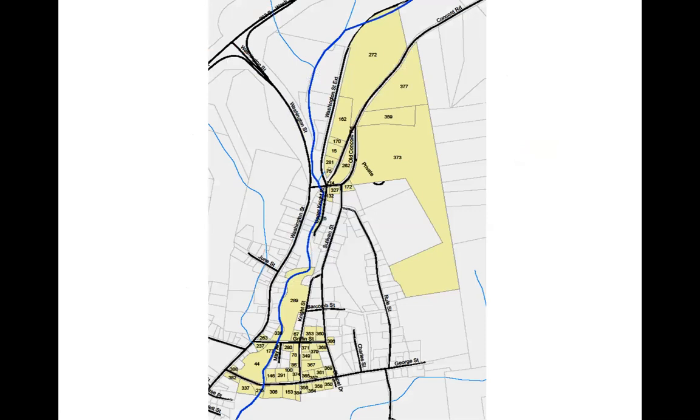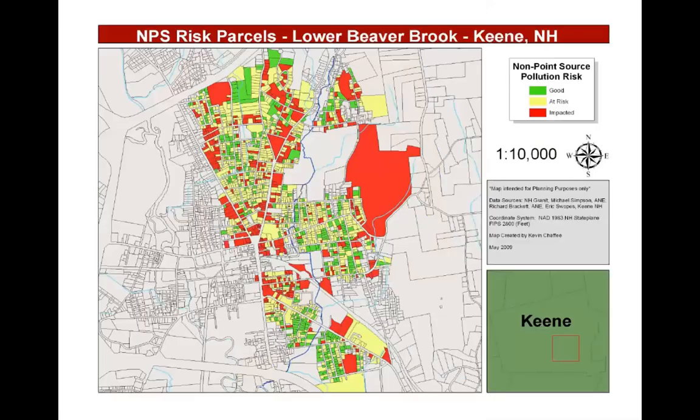And so, just real close up here, here's the brook, and you can see the lots that are in white are on either side of the brook. But if you look at the spatial increase of catchment area or watershed area where non-point source pollutants have come from, it's a significant increase in total area of a non-point source pollutant contribution watershed.